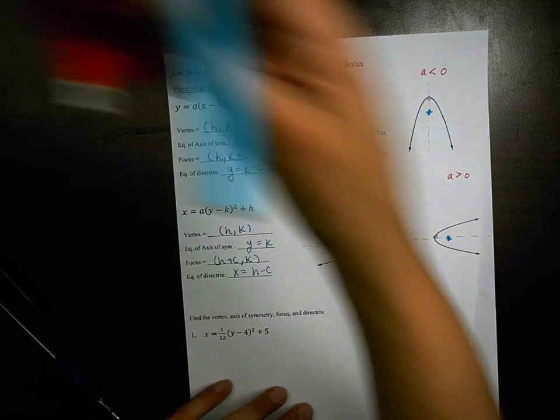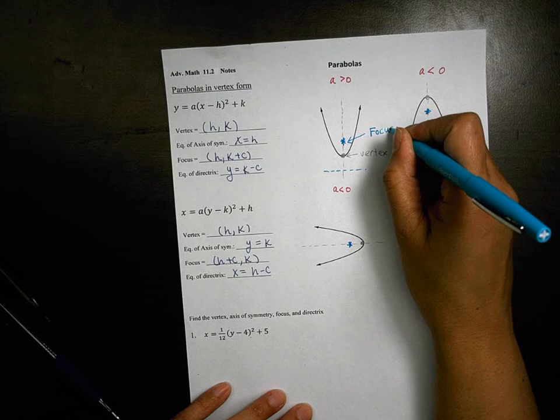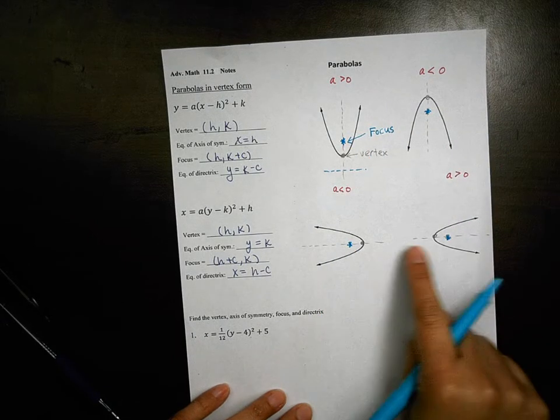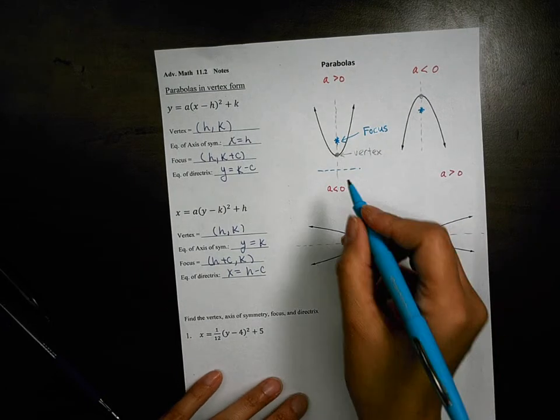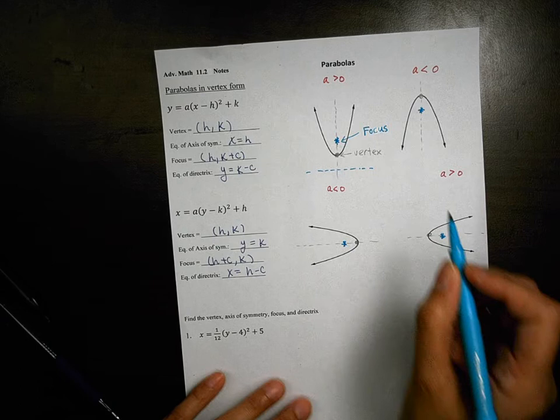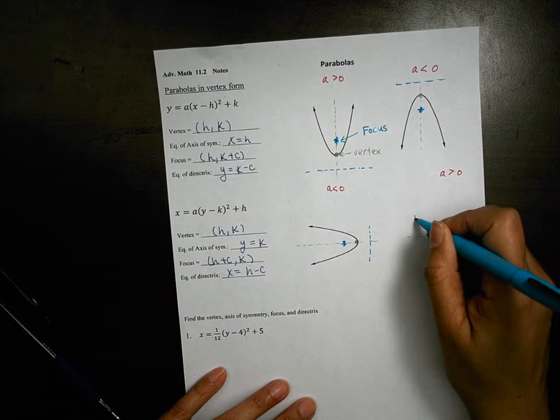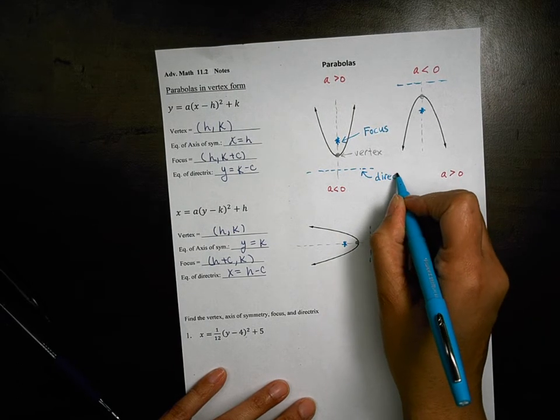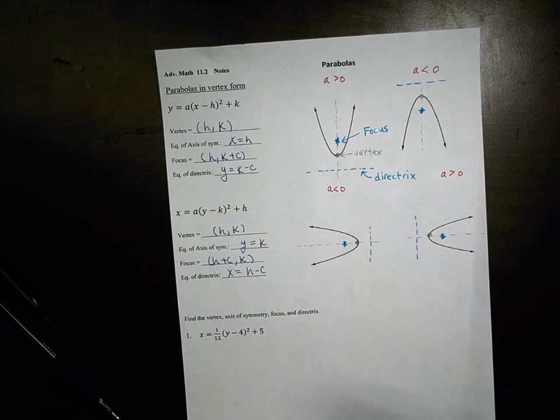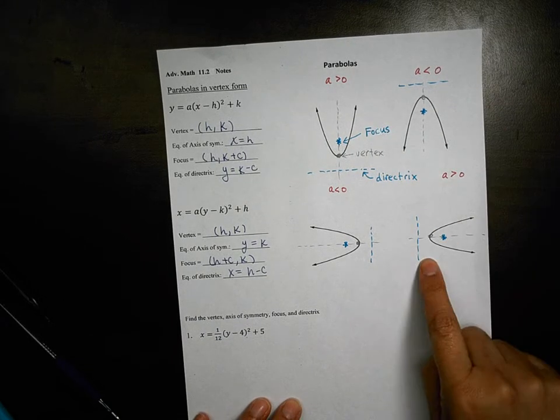I am only going to label one, but it's the focus for all of them. And the directrix is a line, and it's always outside. Same thing, I'm only labeling it here, but that's your directrix for all of them.